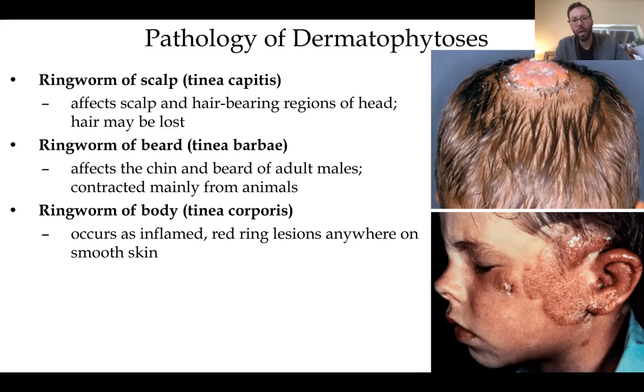Knock on wood, right? But there's also a ringworm of the body that is called tinea corporis. That's where we think of typical ringworm occurring, and it's going to be a circular lesion, or just even a circular demarcation on the skin.